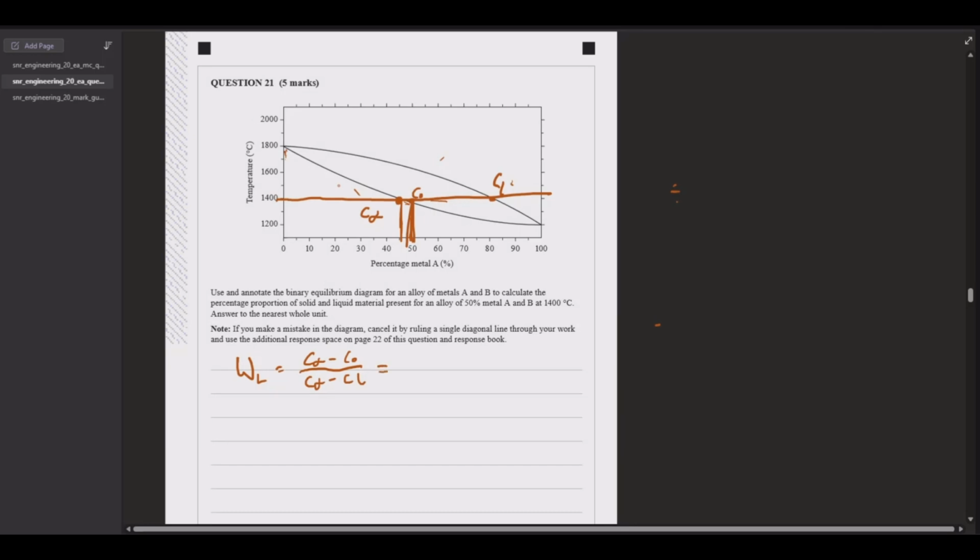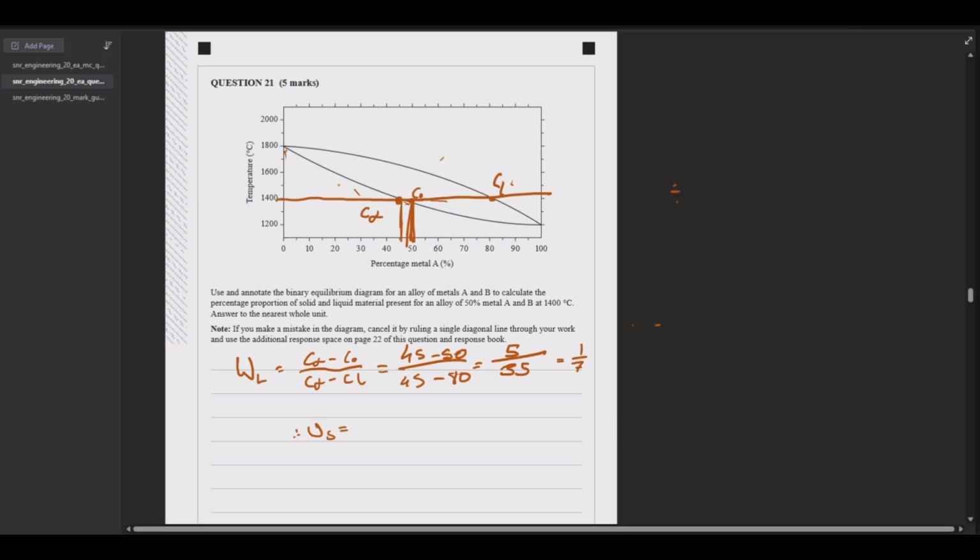So, let's just sub in 45 minus 50 over 45 minus 80. And that should give us 5 over 35. Or 1 over 7.